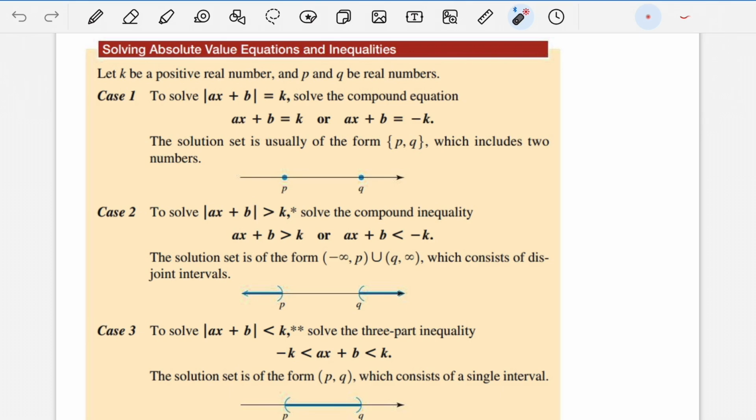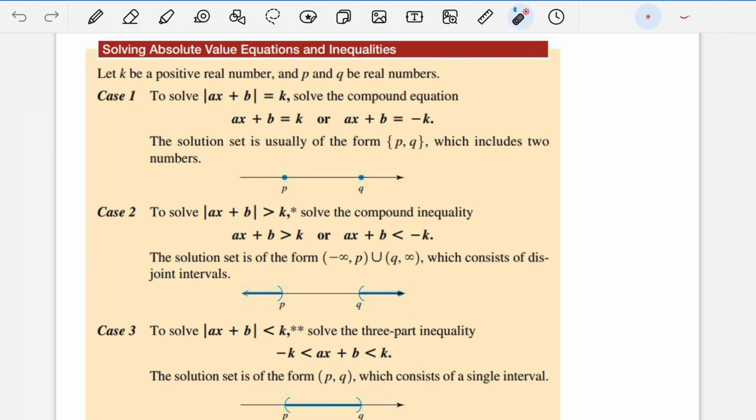So essentially we have a positive or negative solution here. That's why we translate this into whatever's inside our absolute value can be equal to +k or -k. Now our solution set is usually going to be of this form here, which just includes 2 numbers. And so what we can do to graph that is just plot these numbers on the number line.